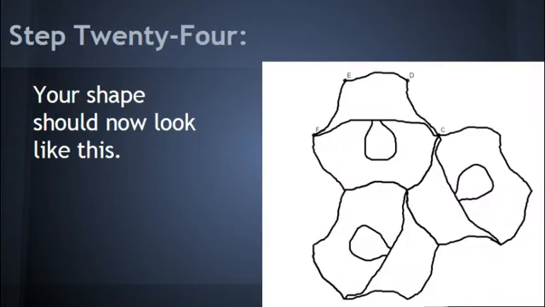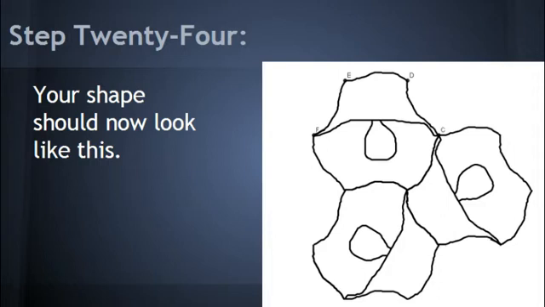So now your shape should look something like this, and then to eliminate the points themselves, points F, E, D, and C, simply hover over them, and again you're going to get this highlight circle above them, and right click and it should say show object, and you just click on show object.